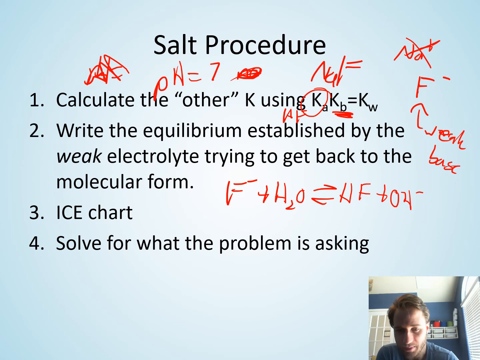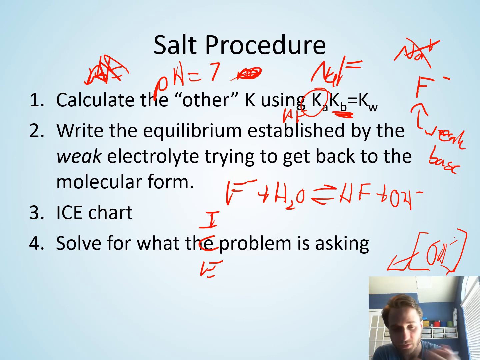And we make an ice chart, with initial, change, equilibrium, fill in this chart and solve for your change so that you can find the equilibrium concentration of OH minus. And then from there, you can potentially find the pH by converting that to pOH, and then using pH plus pOH equals 14 to solve for pH, however you want to do it.